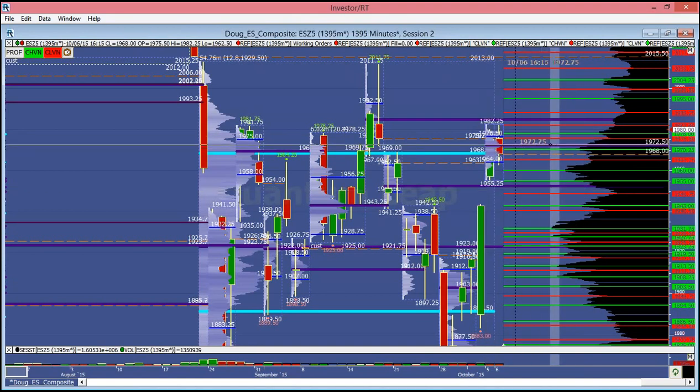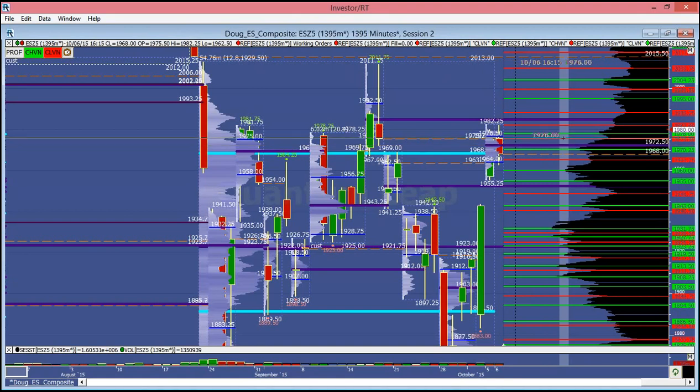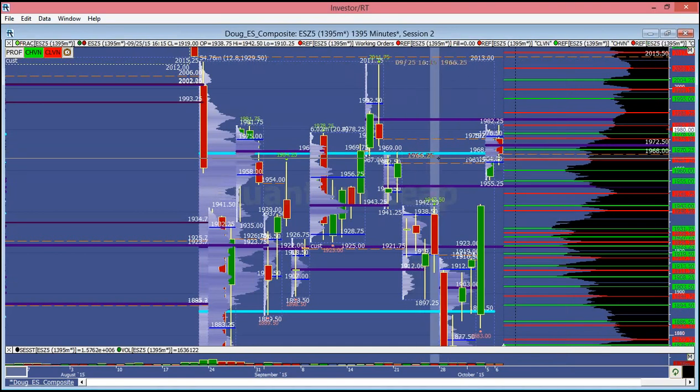The 2-day microcomposite VPOC is here at 72.50. If we get below the 75.50 or inside of the value area, the 2-day value area at 76.75, I would use the 75.75, look for rotation back down to 72 and possibly down to close the naked close and test the value area high.